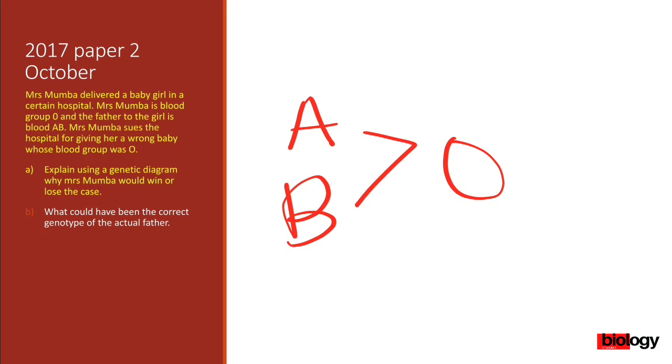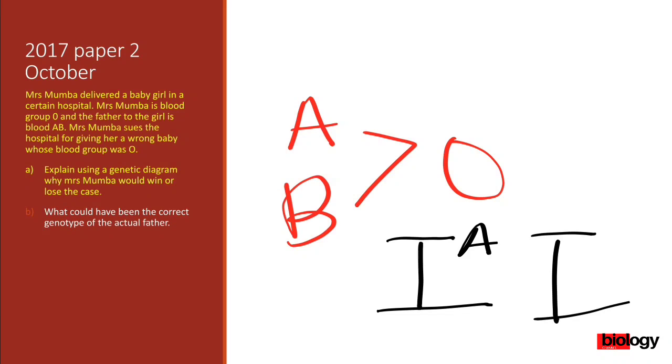And then what else do we need to know? We need to know that when you're writing an allele for blood groups, you use capital letter I, then on top you write the blood group. So this is an allele for blood group A. If you're going to write an allele for blood group O, you put an O as a power.